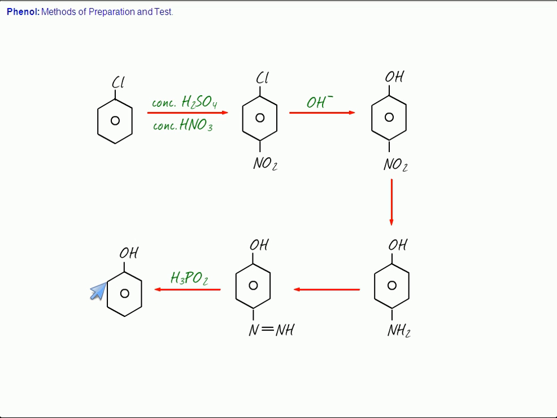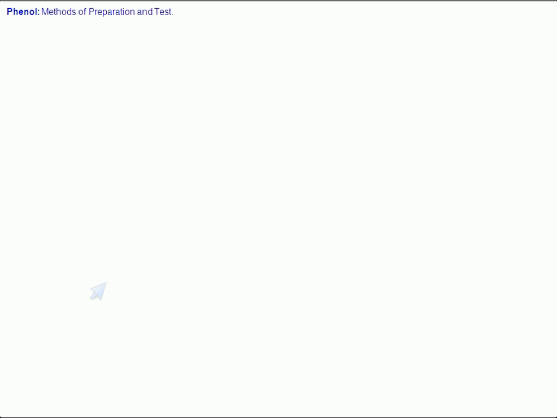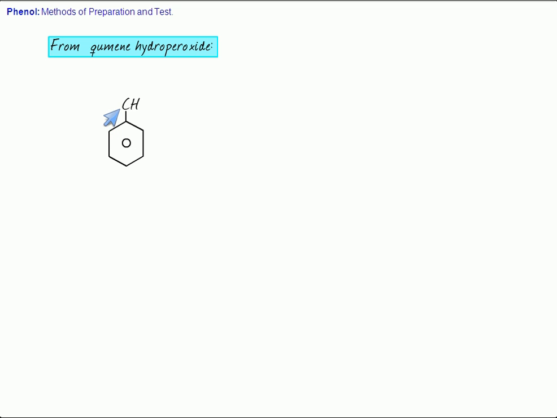After discussing from halobenzene, the fourth method of conversion, which is also used, is from cumene hydroperoxide. This we have discussed under the chapter of rearrangement. If you recollect it, or if you look into the chapter, this was cumene.